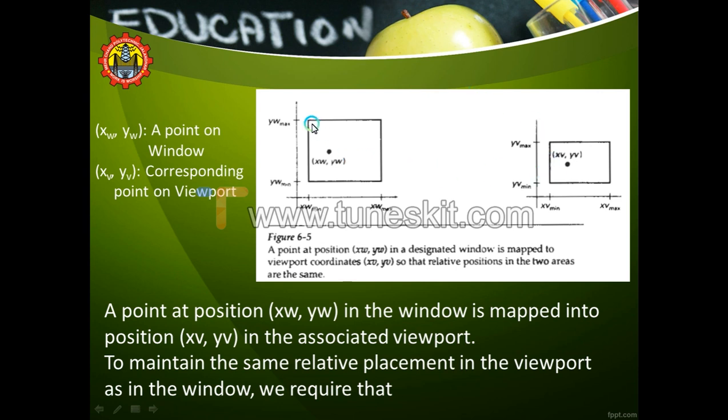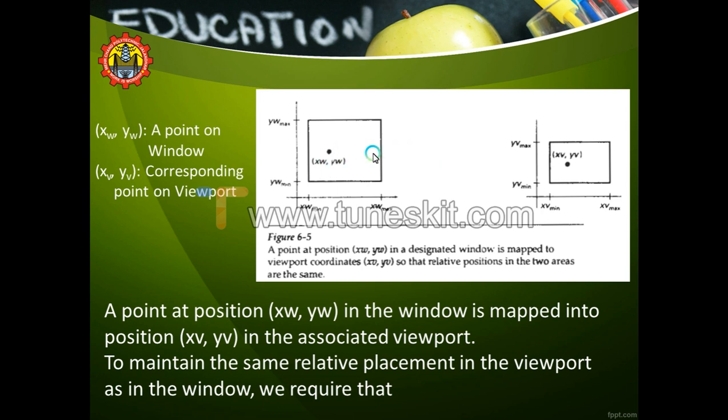See class, this is your window with coordinates xw minimum, xw maximum, yw minimum, yw maximum, and this point has coordinates xw, yw. Why are we placing w with the x and y coordinates? Because these objects are represented with world coordinates.